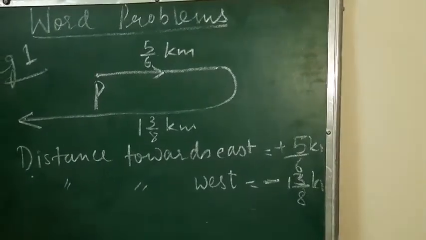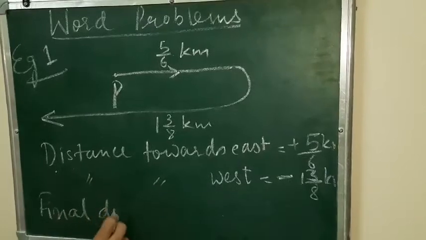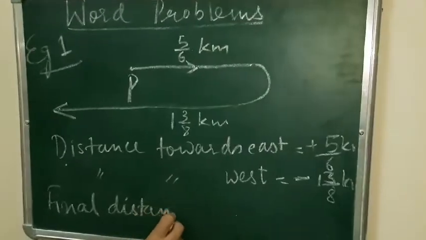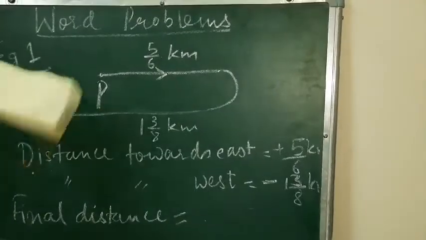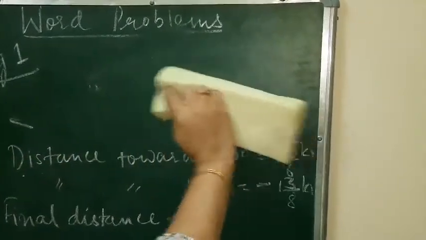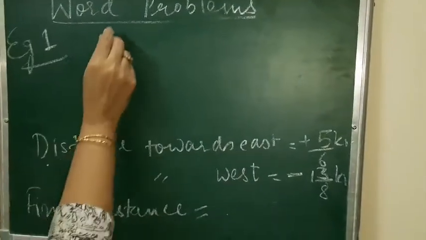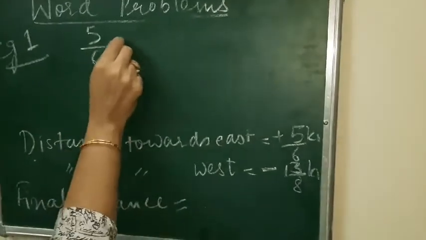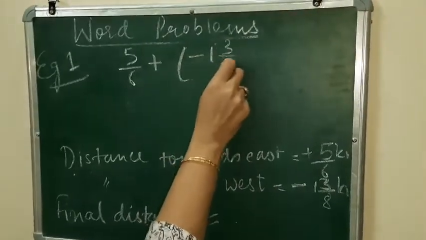Now you have to find the final distance. The final distance means that you are going to add these two. Now when you add these two, it would be 5/6 plus minus 13/8.